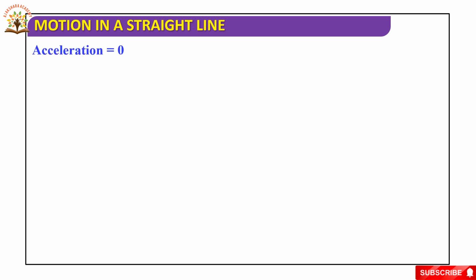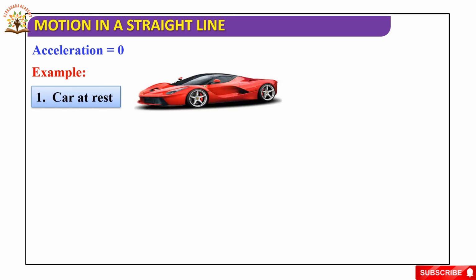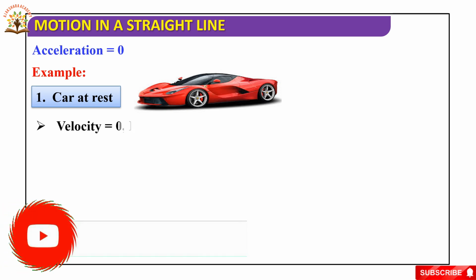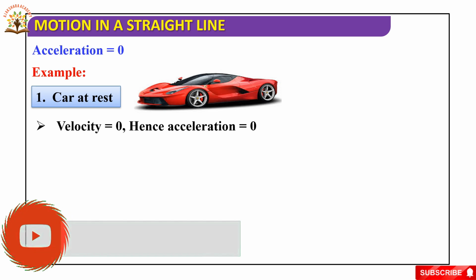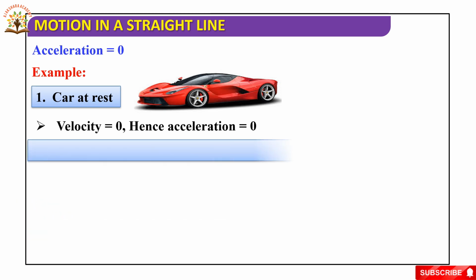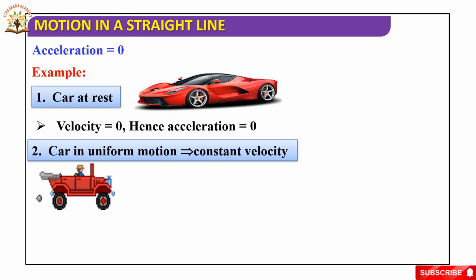Now acceleration is equal to zero. For example, a car is at rest. The car is at rest, it is not moving from one place to another. So velocity is equal to 0, and acceleration is also equal to 0. The second one, a car in uniform motion, that is, constant velocity. Uniform motion means equal displacements in equal intervals of time.